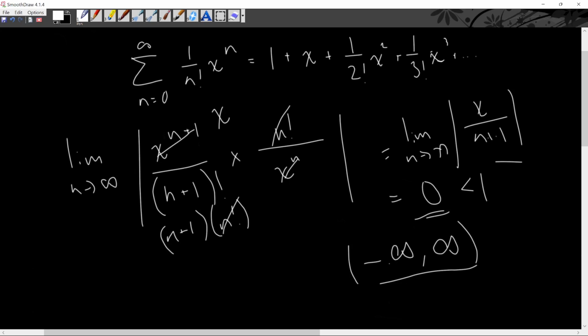In terms of speed, n factorial is very, very fast. You start off very slow, you go 1, 0 factorial 1, 1 factorial 1, 2 factorial 2, 3 factorial 6, but then you get into 24, 120, and then 720, 5040. You go up very quickly with n factorial.